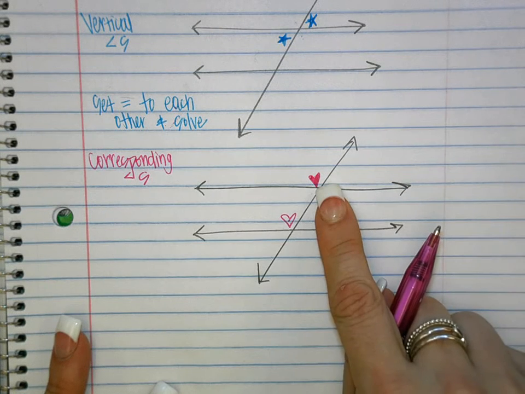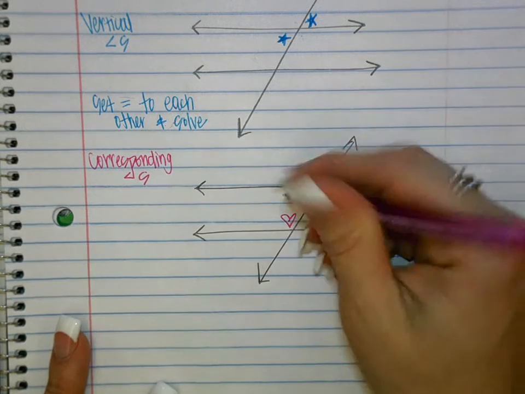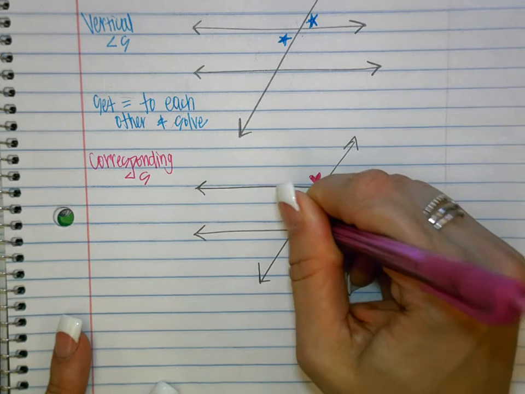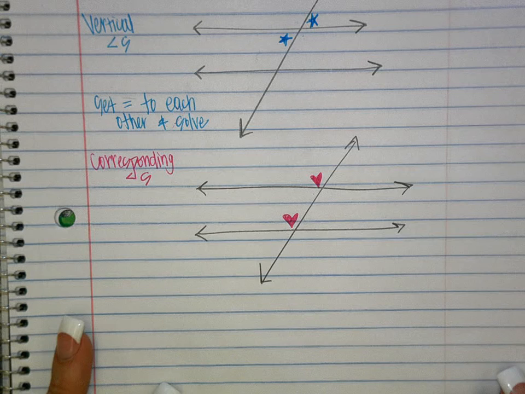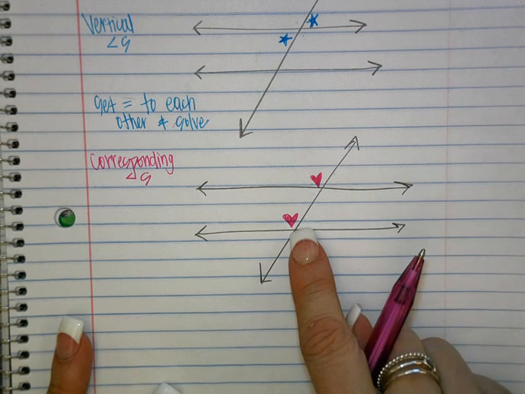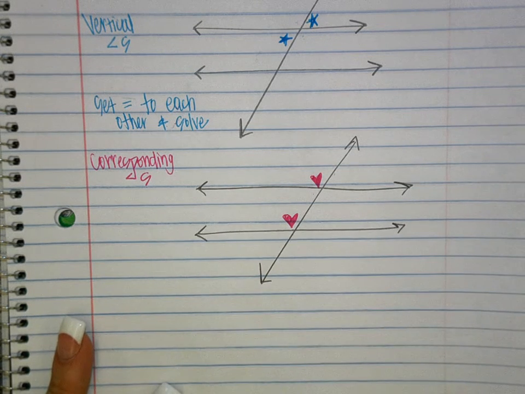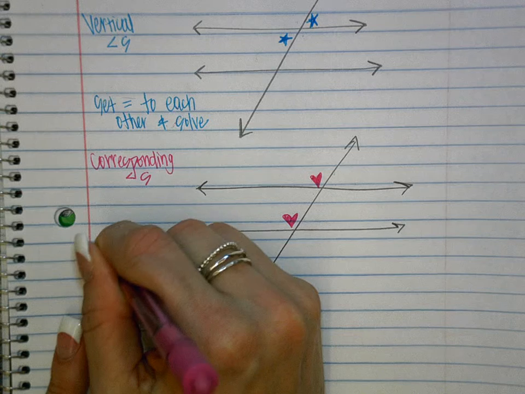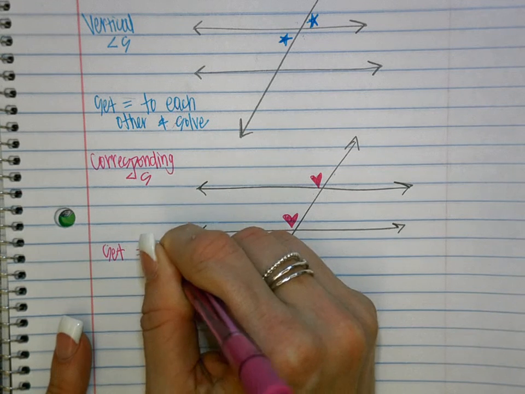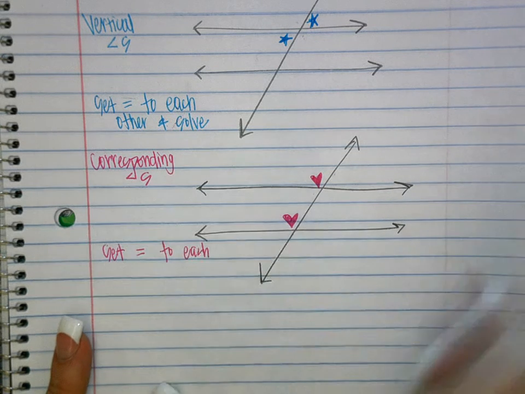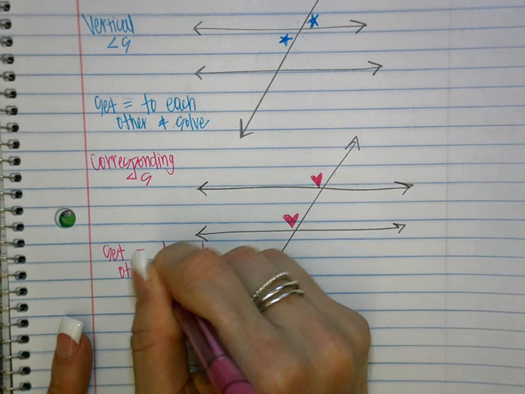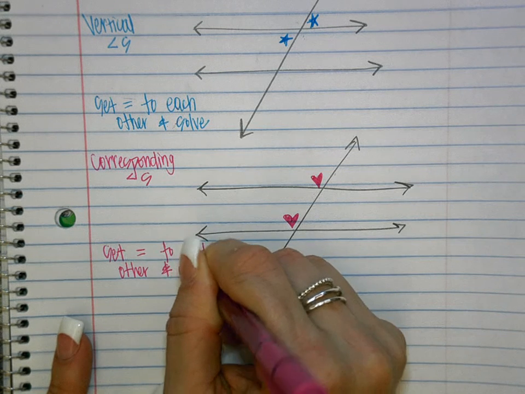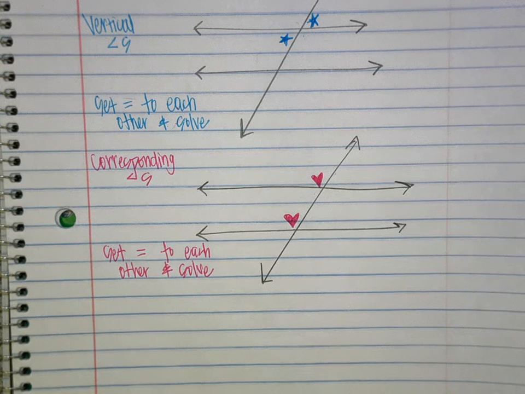So on top of the first line on the left, on top of the second line on the left. Those are called corresponding angles. To solve when you have corresponding angles, you do the exact same thing we did with vertical. You set them equal to each other and solve.